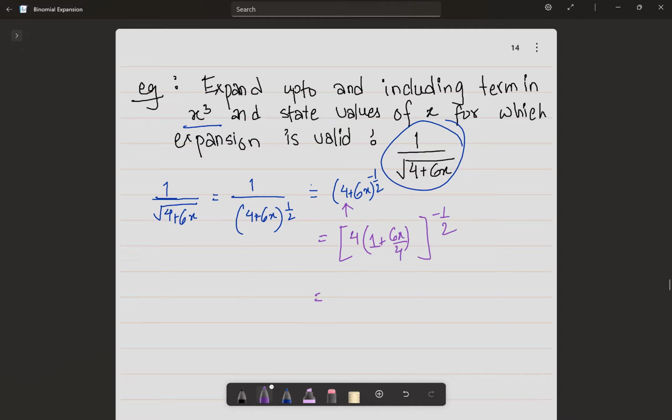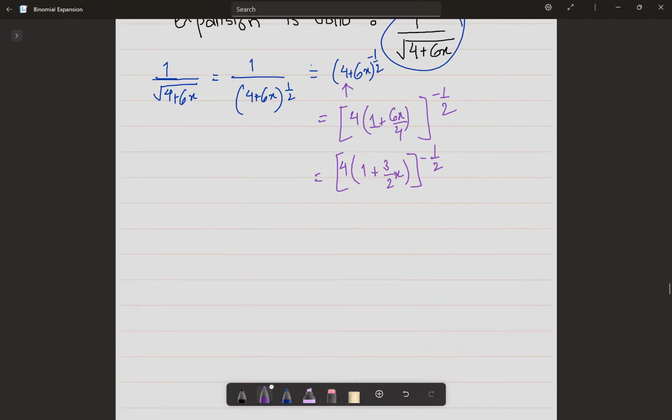So this gives us 4 on the outside, and we have 1 plus 6 by 4 gets simplified to 3 by 2x. And then over the entire thing, we have a power of minus half. Now, because we have a power of minus half in here, we know that we can distribute this power over both 4 and 1 plus 3 by 2x.